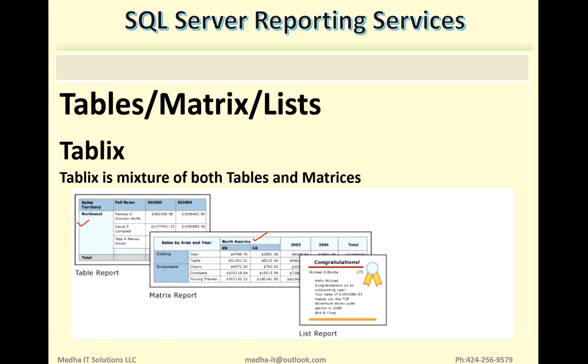The second picture is matrix. The third one is the list. When you see the list, you see free text here. There is no specific format to this text. So this is the free form layout, which is called list or list report.